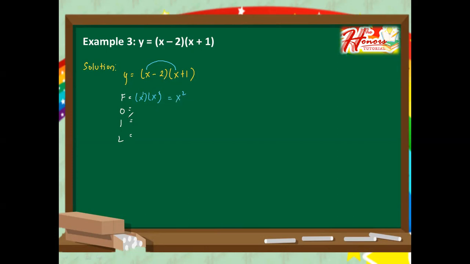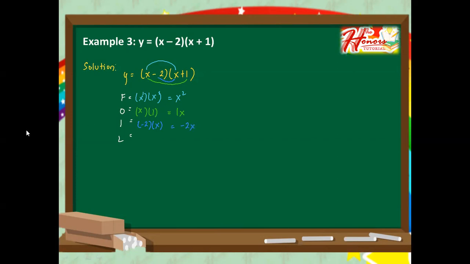Next, O. O meaning outside. So we have here x times 1. So that is 1x. Next, we also have here I, inner. So that is negative 2 times x. So that is negative 2x.